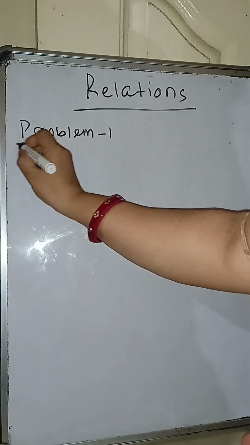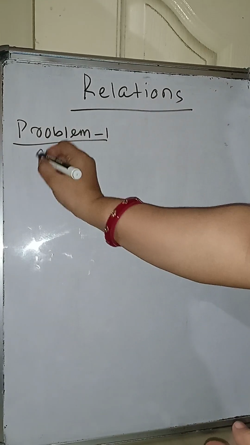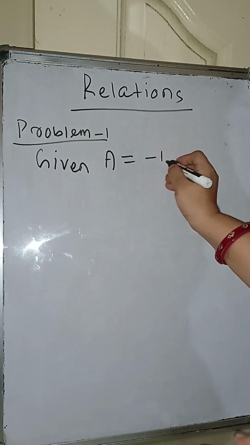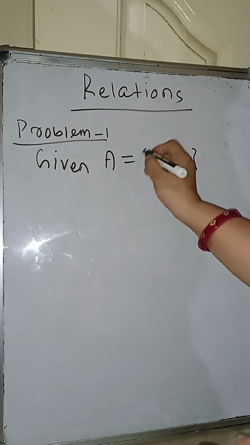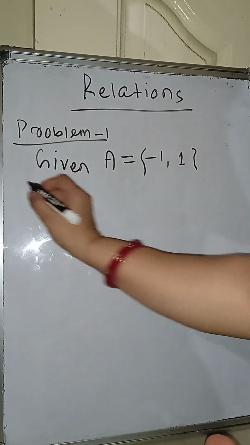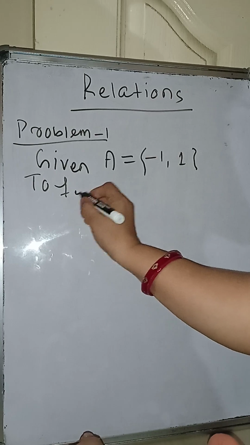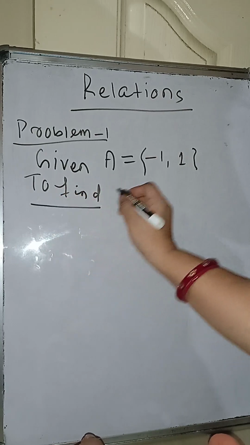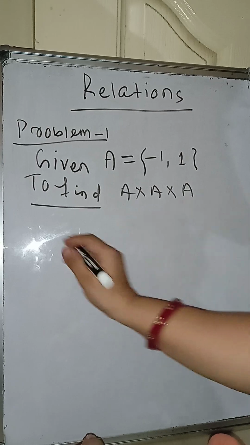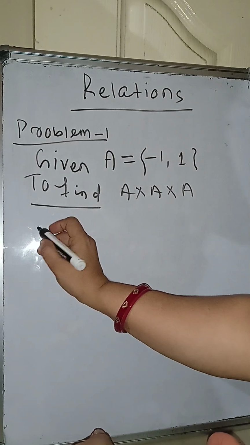So today's first problem. Suppose our given set A contains two elements, minus 1 and 1, and you have to find the ordered triplets, that is A cross A cross A. So how to get this?